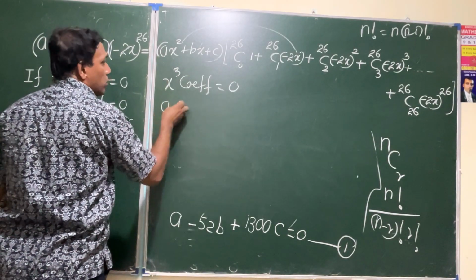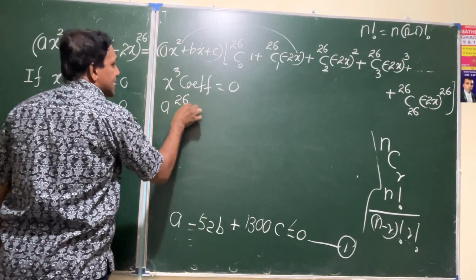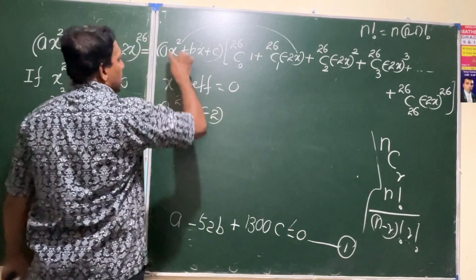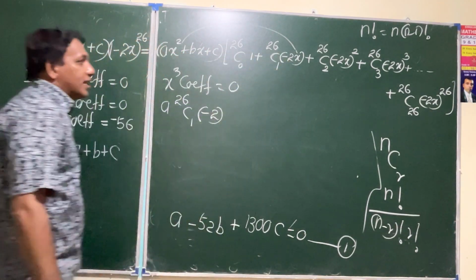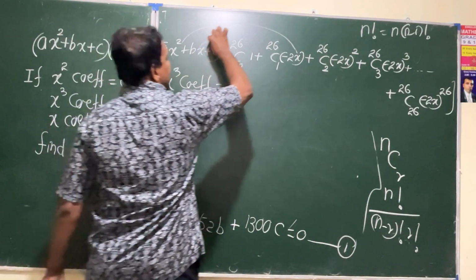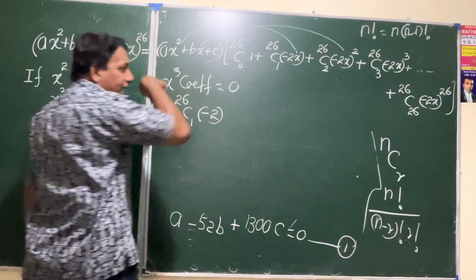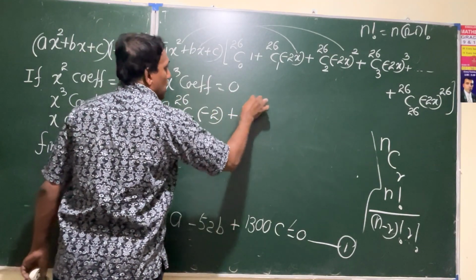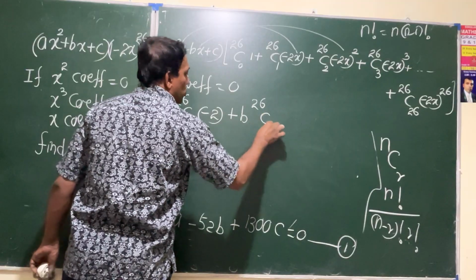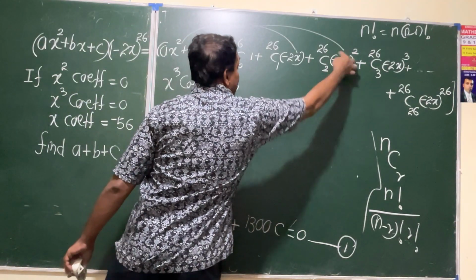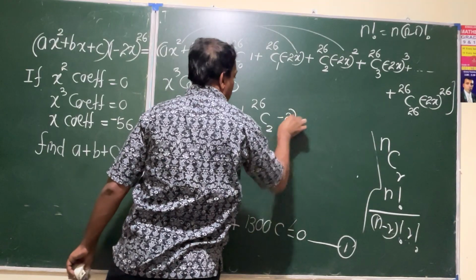a into 26C1 minus 2, is it? Okay, x square into x cube, right? Oh yes, next one, x into x square chance for x cube. So positive b into what is that? 26C2, 26C2 minus 2 square, that is 4, okay.